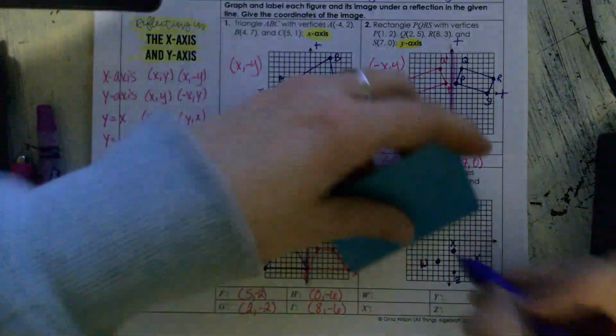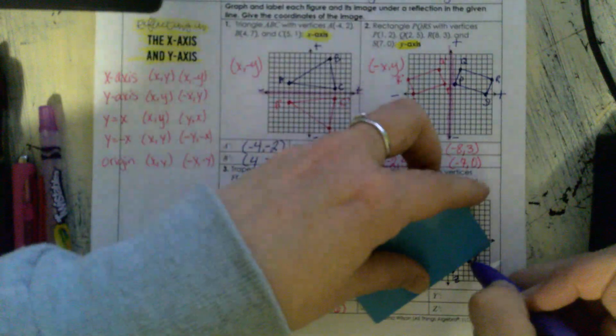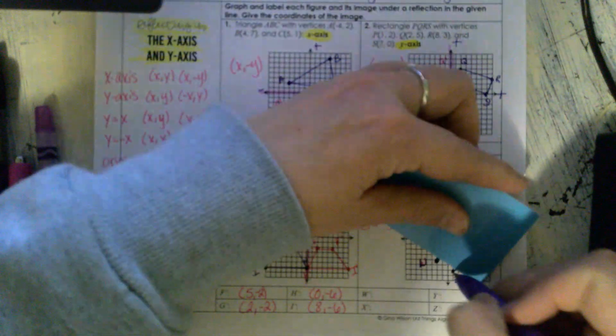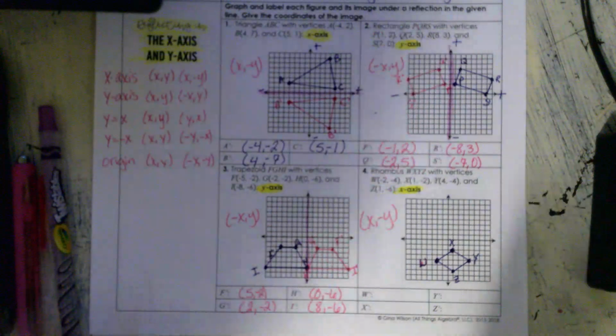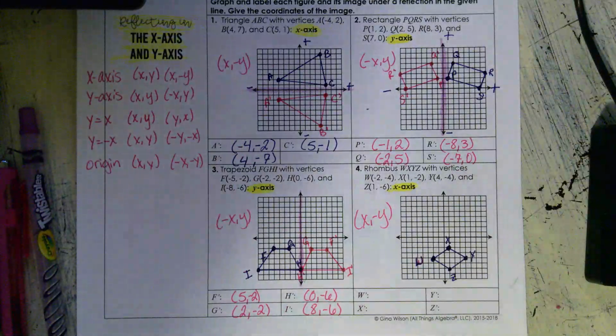Got me a rhombus here. Rhombuses have equal sides. It's like a square that's been slanted. Still fits in the family of a quadrilateral and a parallelogram. There we go, my camera's having trouble focusing.